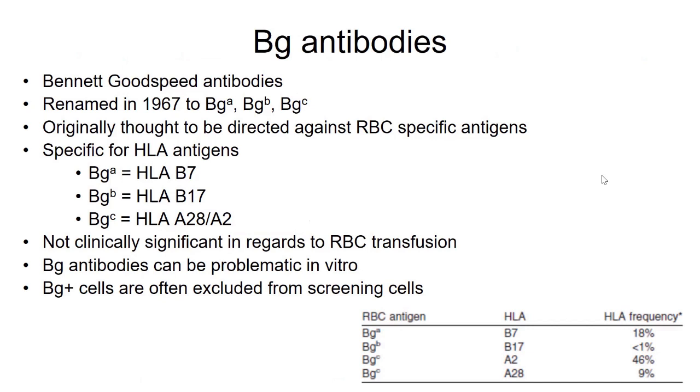There are numerous BGs, but BGA, BGB, and BGC reflect more common HLA specificities. You can see what the population frequencies are here, and you can see that these got recognized in their order of population relevance.